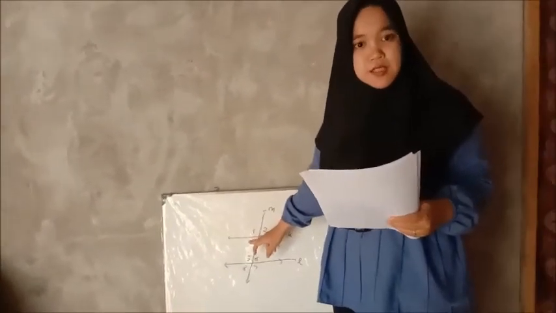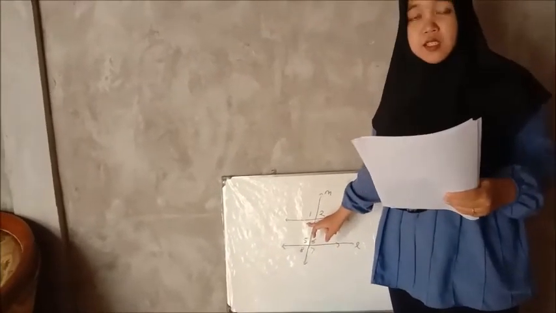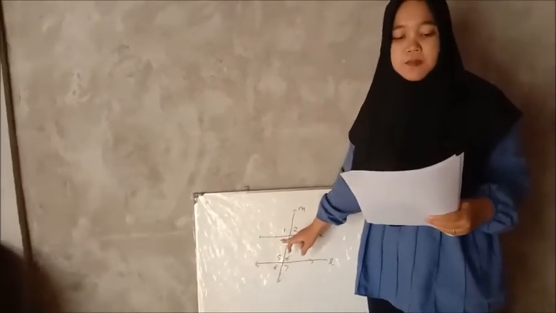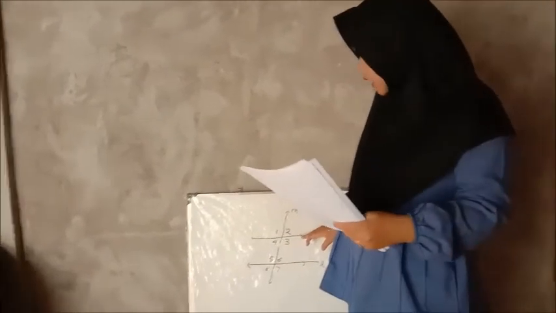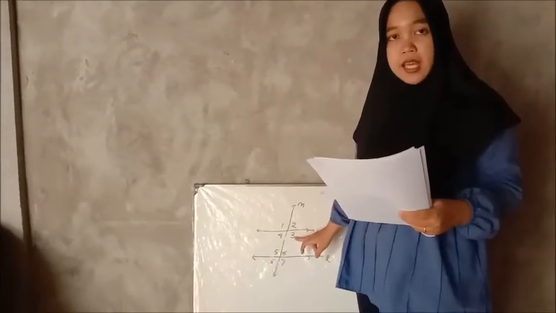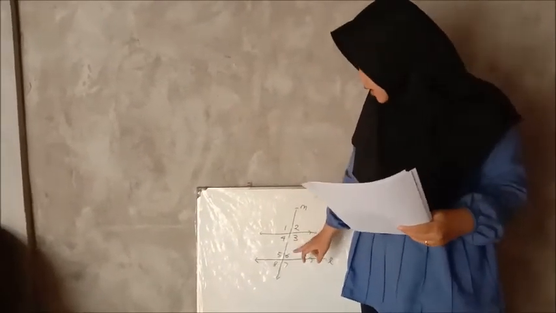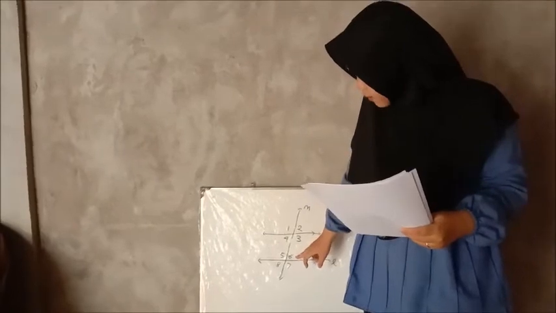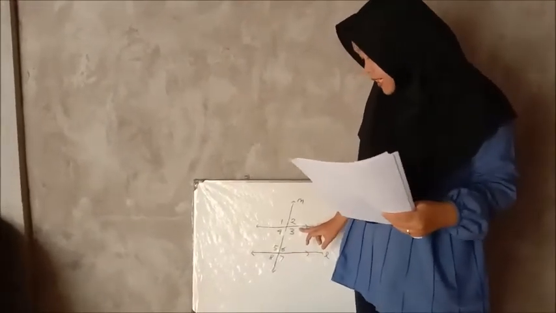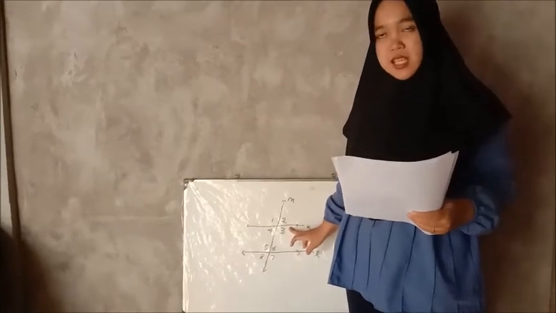Is it the same, 6 and 3, 5 and 4? No. Okay, good. Because 6 and 3 are supplementary interior angles, the sum of 6 plus 3 is equal to 180.